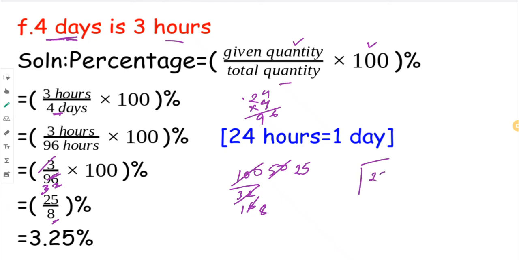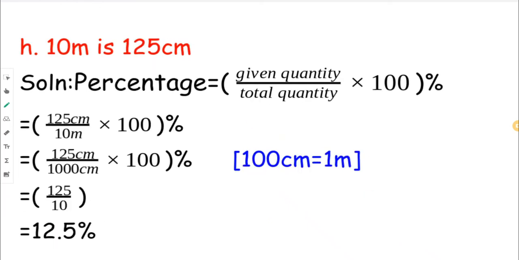So 25 into 8, right? 8 3s are 24, then 1 in hand, 0, 8 1s are 8, then again 2, 8 9 10 0, right? Then 8 2s are 16, again 4 0, 8 5s are 40. All right, so we can write it to be equal to 3.125%.